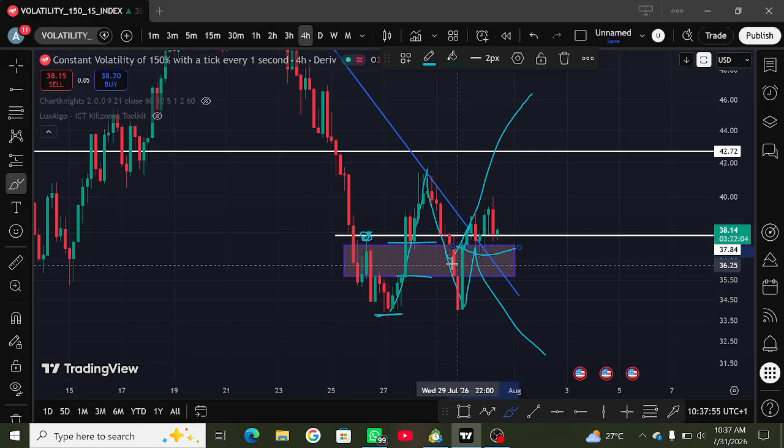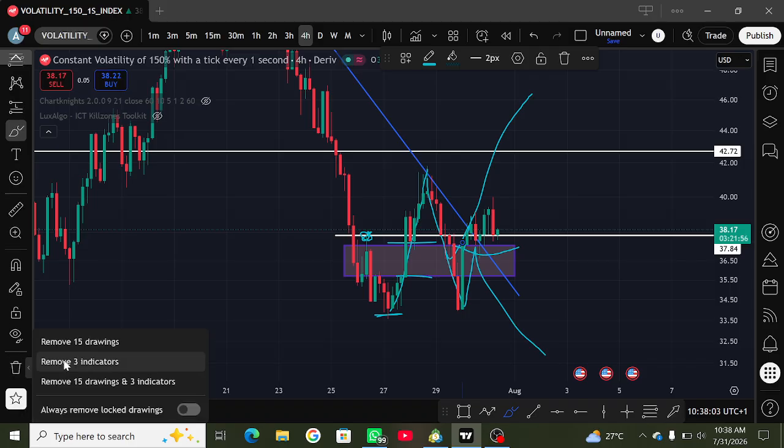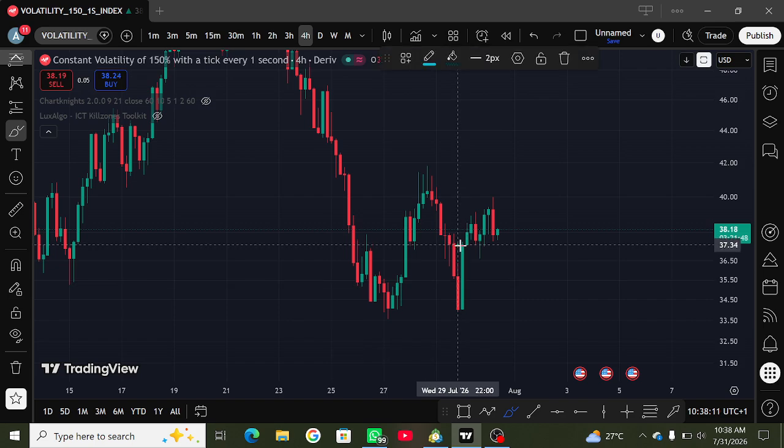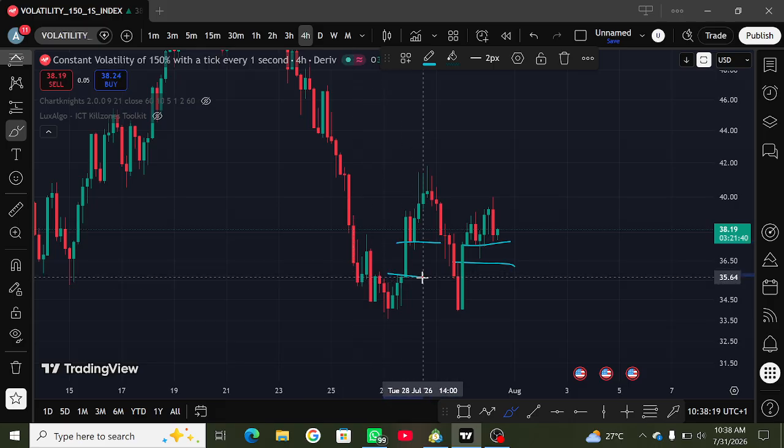And at the end of the day, it created another fair value gap here again. Let me remove this thing. Look at another fair value gap that was created here. Why was this one still not being used?